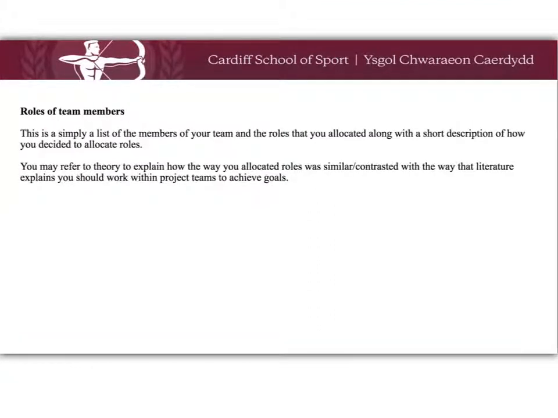You also need to identify the roles of team members, so effectively the team members can be listed and any specific roles that were allocated to them, and maybe a small paragraph identifying why you chose those roles for those people. Was it down to key strengths? Was it down to the networks that they had?